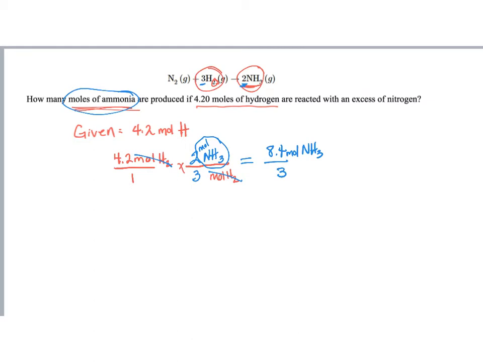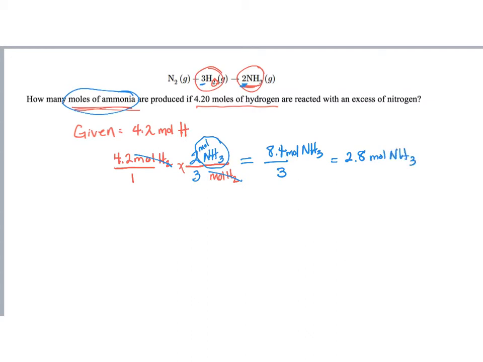And so you just do the math. 8.4 divided by 3 equals 2.8 moles of NH3.